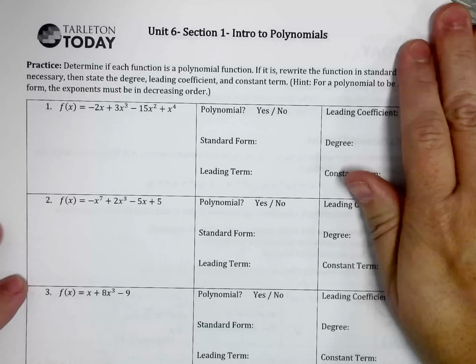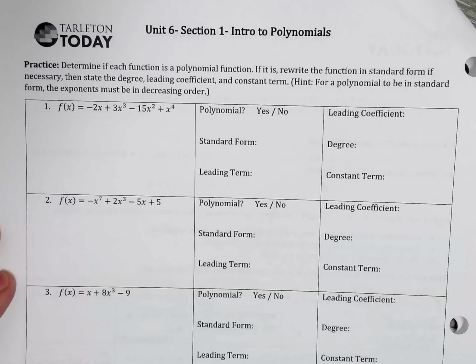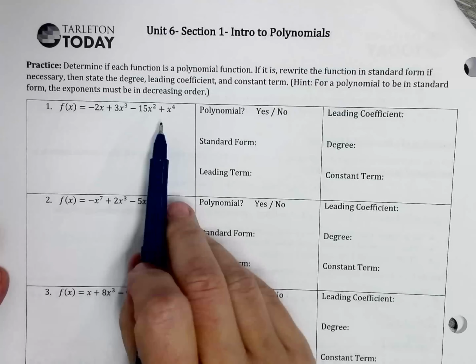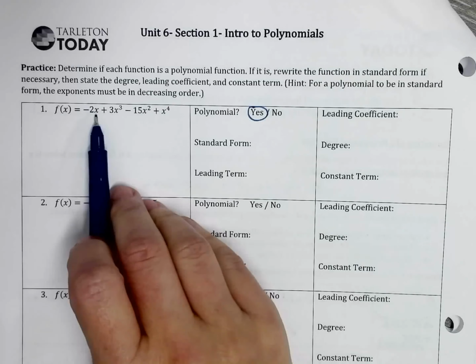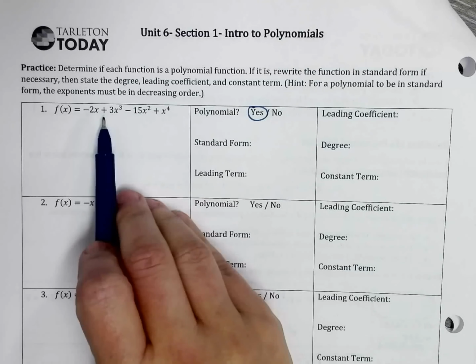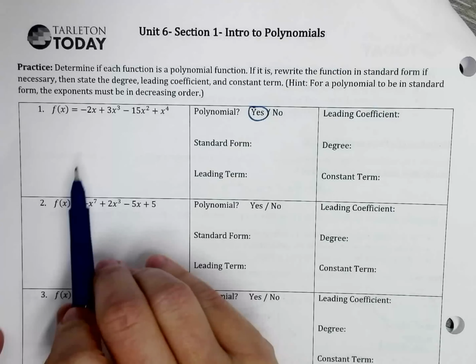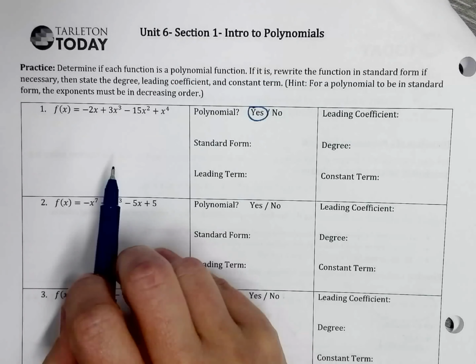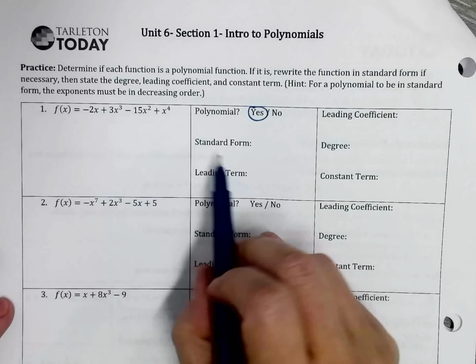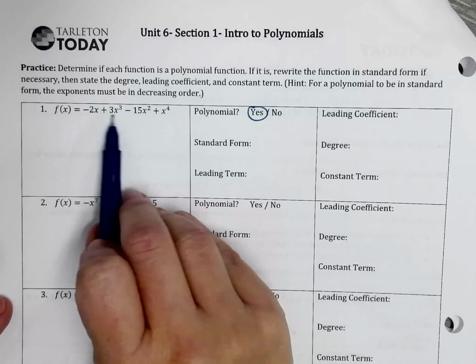Okay, we're going to practice. Is this a polynomial? Well, this one is, because I don't have any letters on the exponent. All my exponents are whole numbers. I don't have any negatives on the exponent, and there's not a letter under the radical. Is this in standard form? No, not yet.